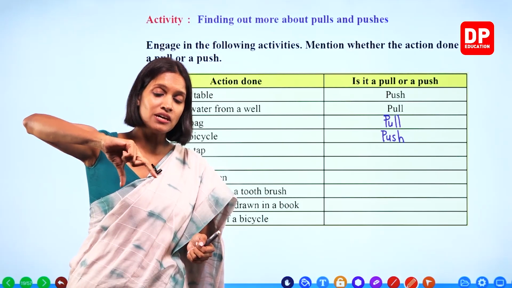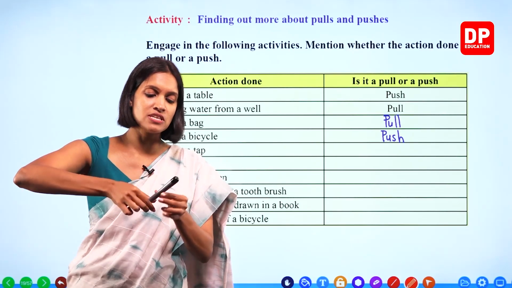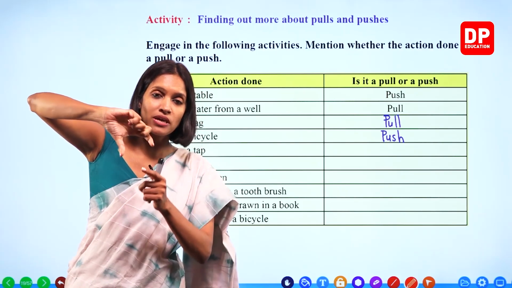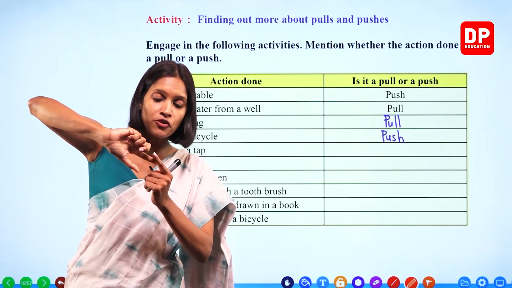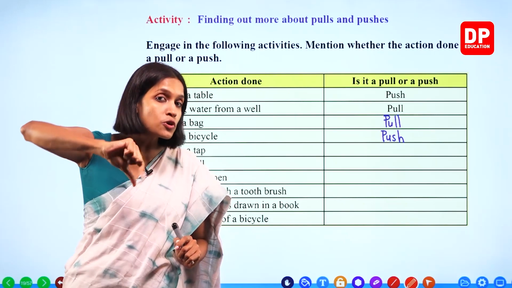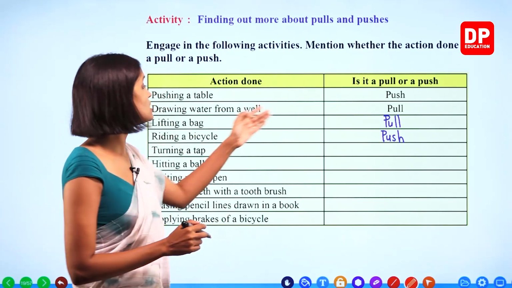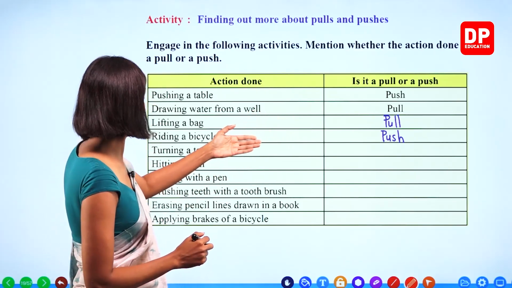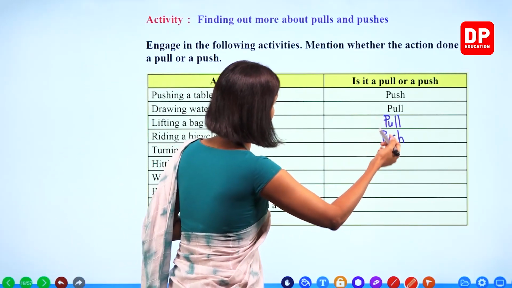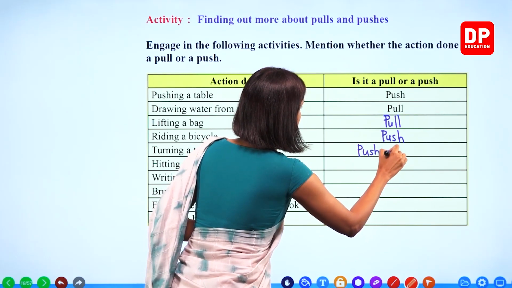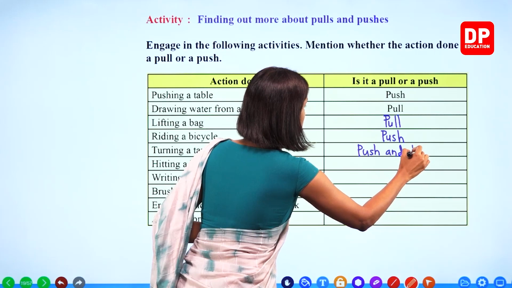If this is the tap, when you turn it, from one side you pull and from the other you push. Pushing and pulling are both involved. Therefore, turning a tap is a type of couple force. It's a push and a pull.